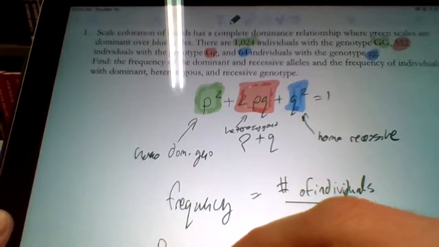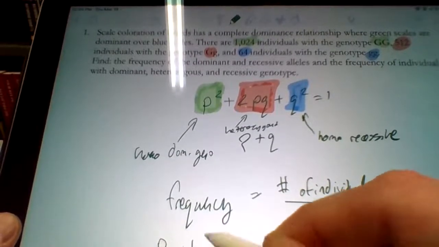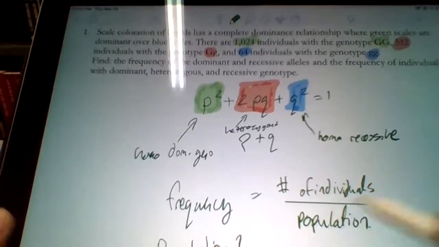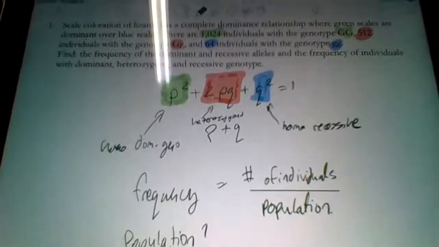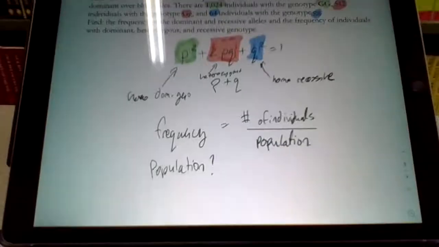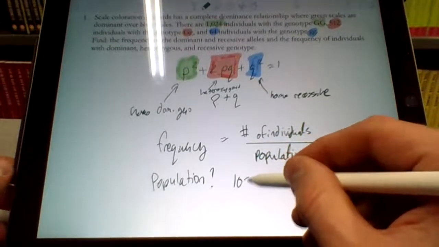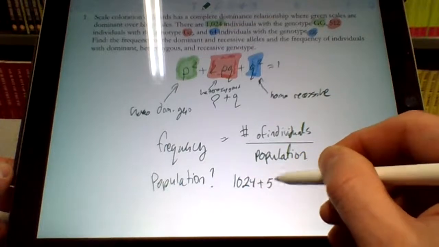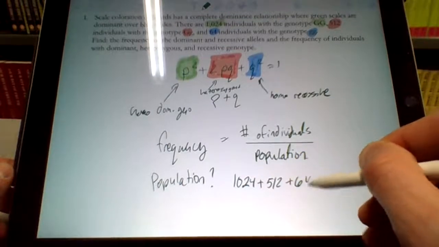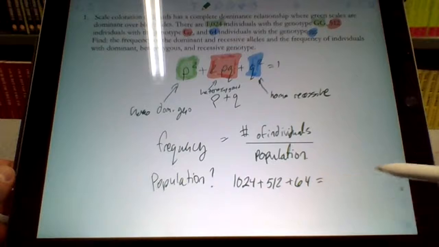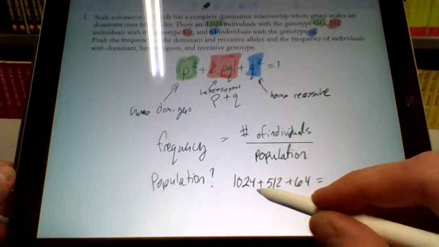So what's our population? The population is going to be the total: 1,024 plus 512 plus 64. Add those all together, and we get something.